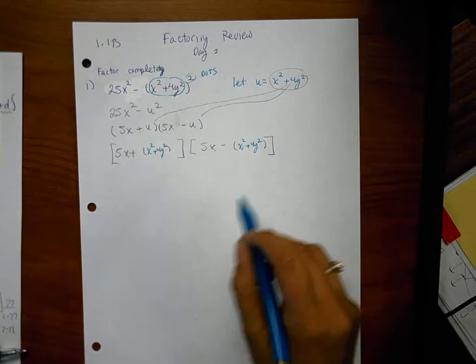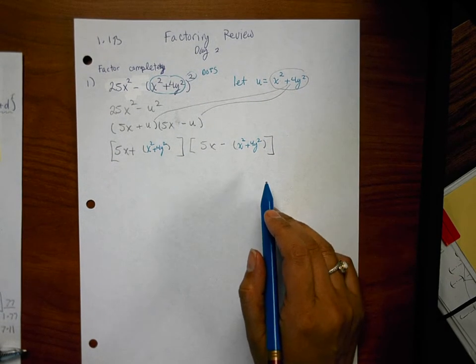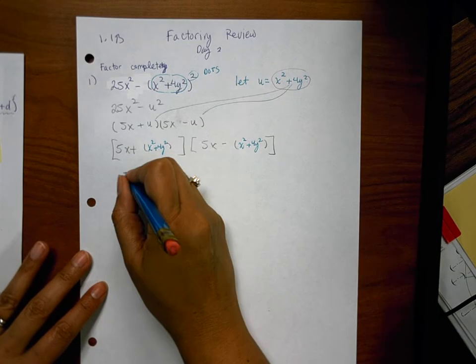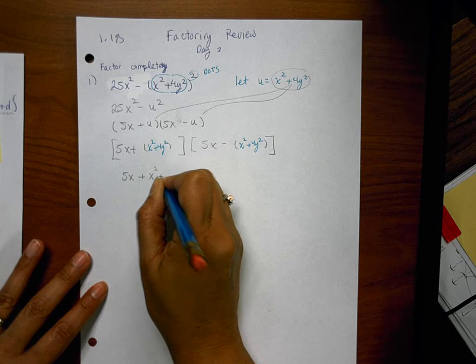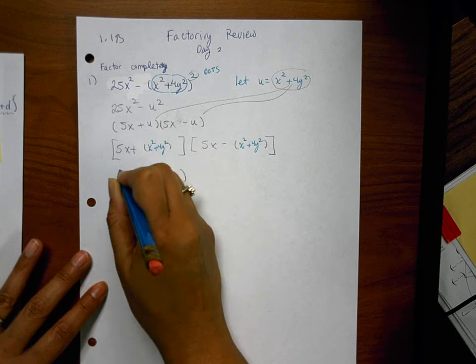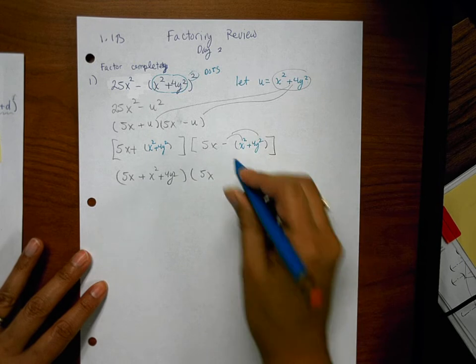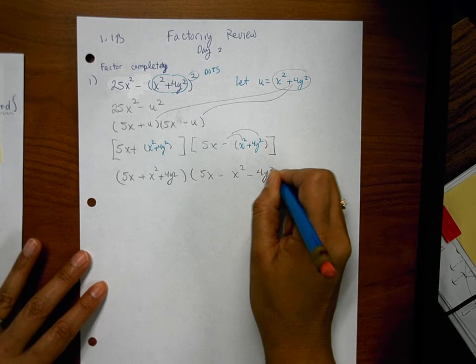Now you'd get it wrong if you left it like this as well, because you cannot leave nested parentheses. So distribute and then drop. 5x, there's nothing to distribute, so plus x squared plus 4y squared. 5x, distribute the negative, and you get minus x squared minus 4y squared.